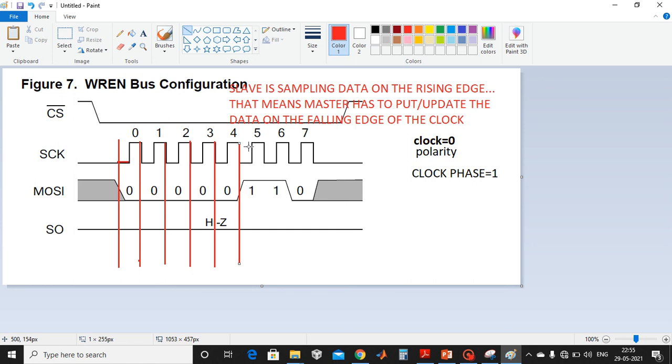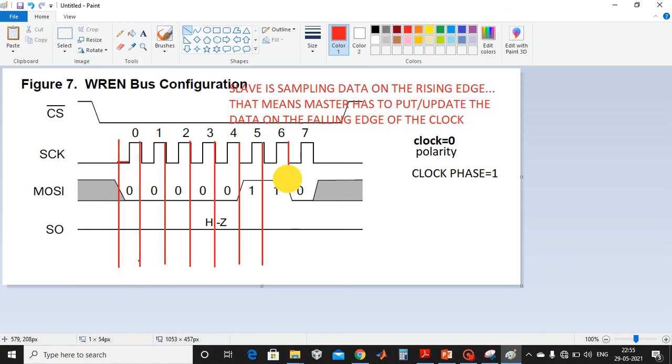Here is also a rising edge, no data transition on this rising edge. So all the data transitions take place on the rising edge for this example. Sorry, on the falling edge. All the data transitions are taking place on the falling edge of the clock, because slave is sampling the data on the rising edge.